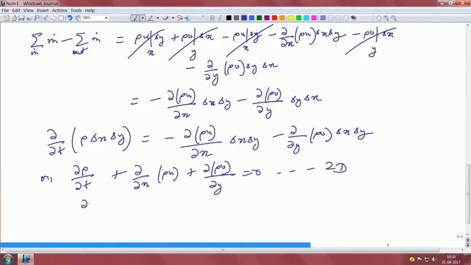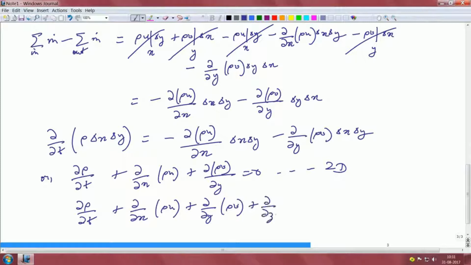If you want to put it in 3D, that will give you this, where this is the additional term due to the 3D effect.